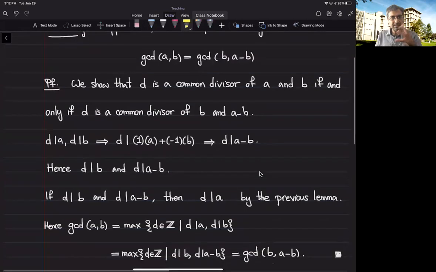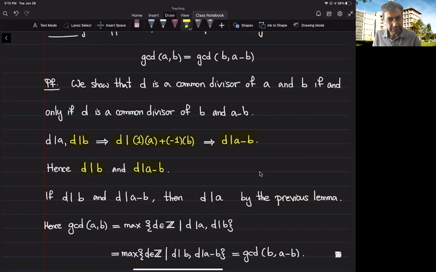So suppose D is a common divisor of A and B. As we proved in the previous lemma, D is going to be a divisor of every integer linear combination of A and B. In particular, it's going to be a divisor of 1 times A plus -1 times B, which is A minus B. So D is a divisor of A minus B. D is a divisor of B. So D is a common divisor of these two numbers, B and A minus B, as we claimed.